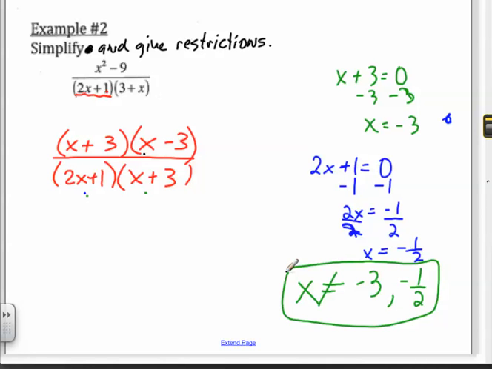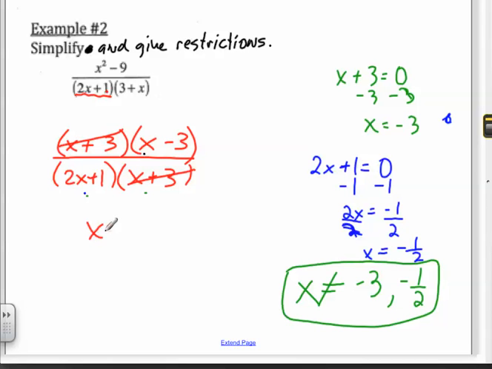And here's why. Austin, what can I cancel over here? You can cancel the x's. No, Will. You could cancel x plus 3. I can cancel out this factor with this factor. Those are common factors that can cancel out. But I can only cancel factors, not terms.